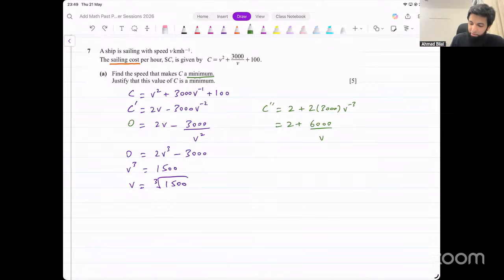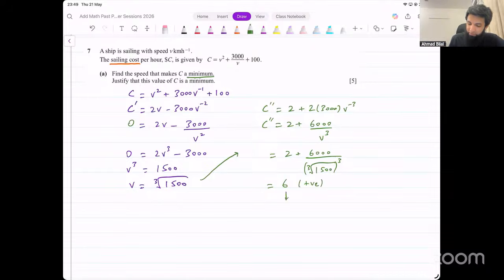That's your second derivative. Input that value for v in this. What do we get? 2 plus 6000 divided by cube root of 1500 whole cube. So you just have 6000 over 1500, which is 4. 2 plus 4, that is 6. That's a positive number.